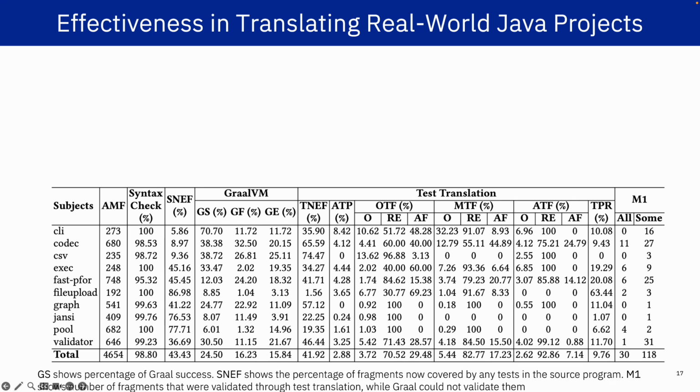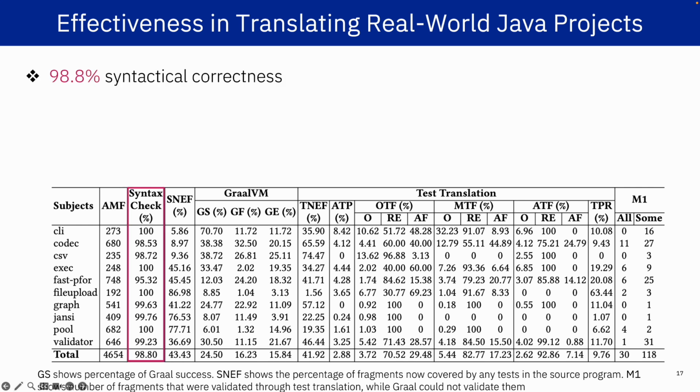Application method fragments are the fragments in which the actual logic of the projects is coded. These are not the test fragments, which come from test classes or test suites. So these are basically only the application methods coming from application classes. In Java, these are mostly under the source main directory.